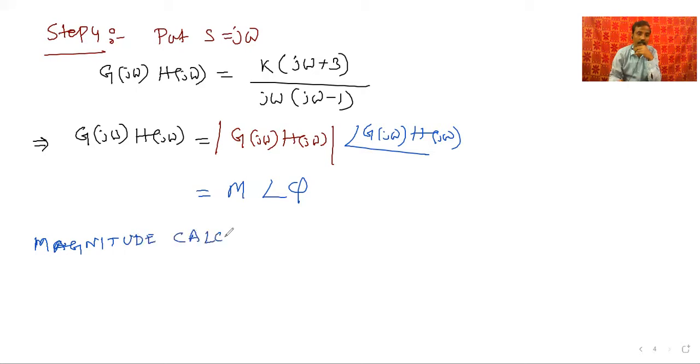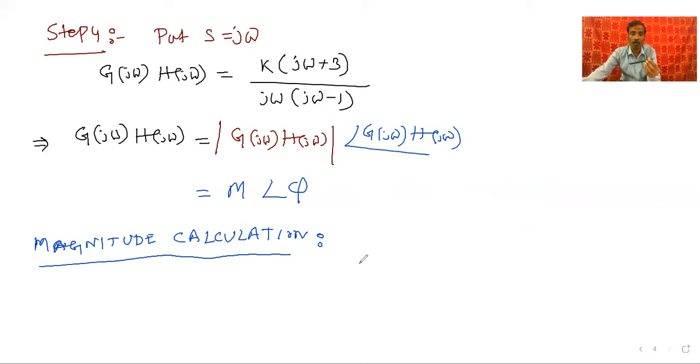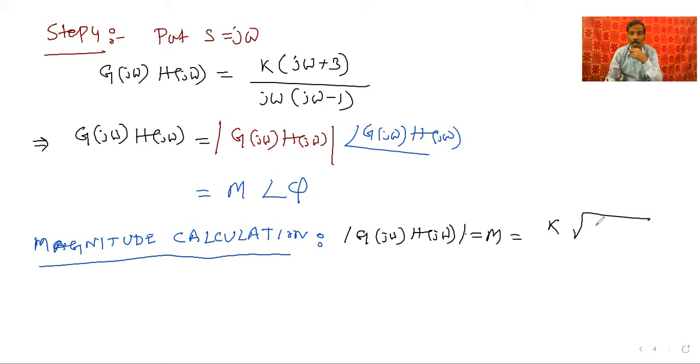What is the magnitude? Magnitude M equals mod of G(j omega)H(j omega), which equals K into root over A square plus B square, divided by omega, root over A square plus B square.